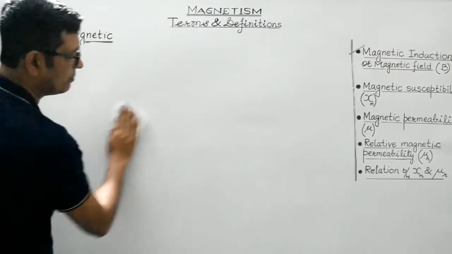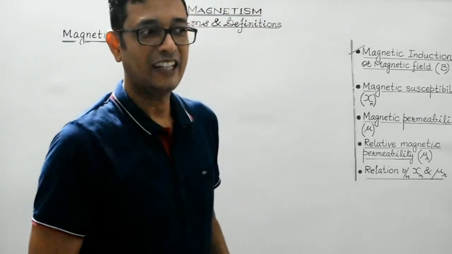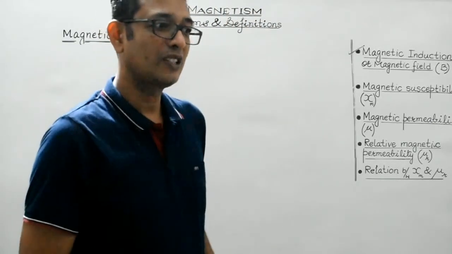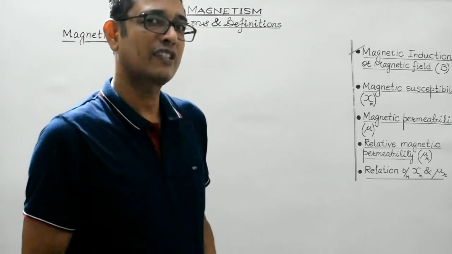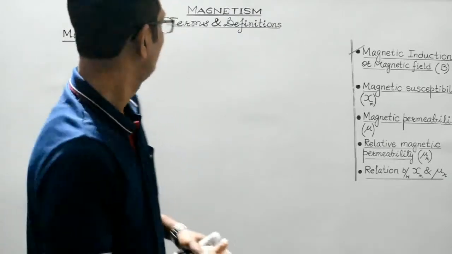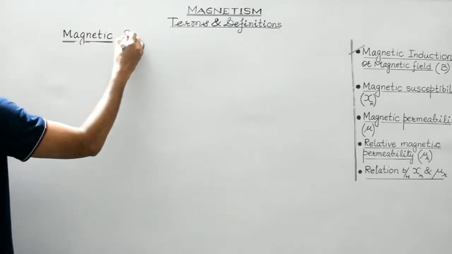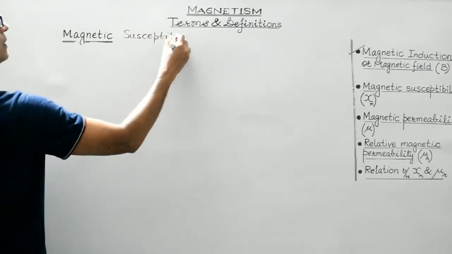There are some magnetic materials which get very, very easily magnetized, like soft iron, while there are some other magnetic substances which require long enough time to get magnetized, which are very difficult to get magnetized, right? So let's discuss magnetic susceptibility.